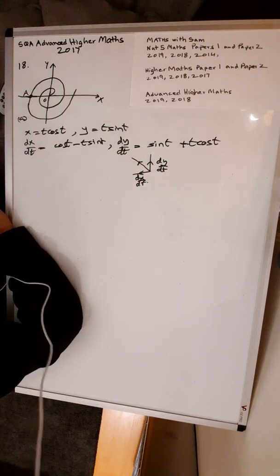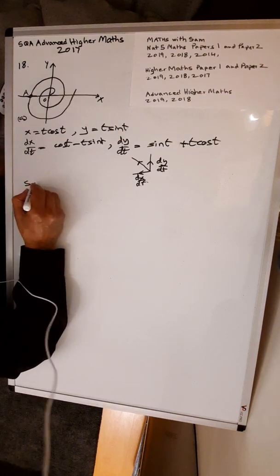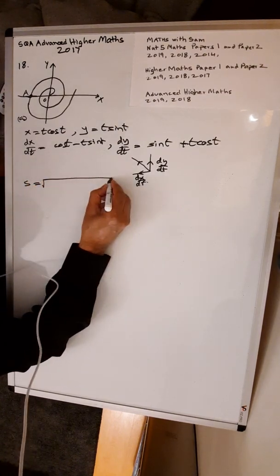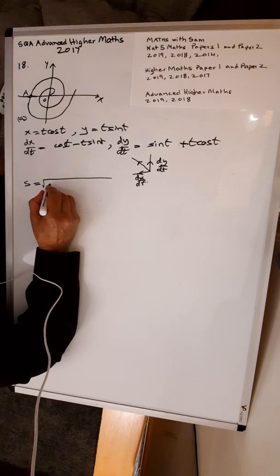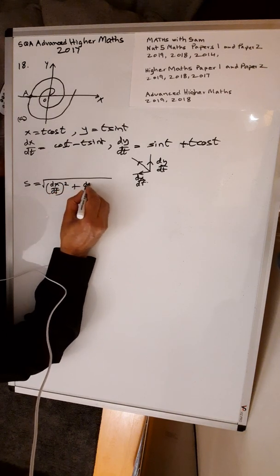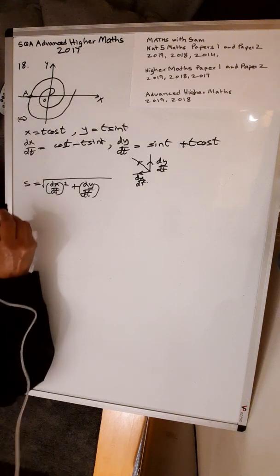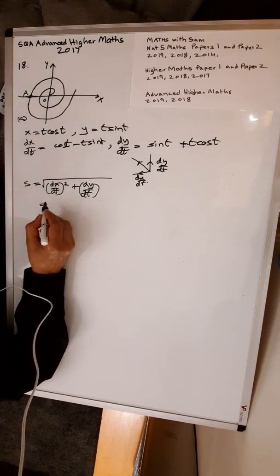That would be your speed. So for that speed, you need the square root of, basically Pythagoras, dx by dt squared plus dy by dt all squared, and you put those in.